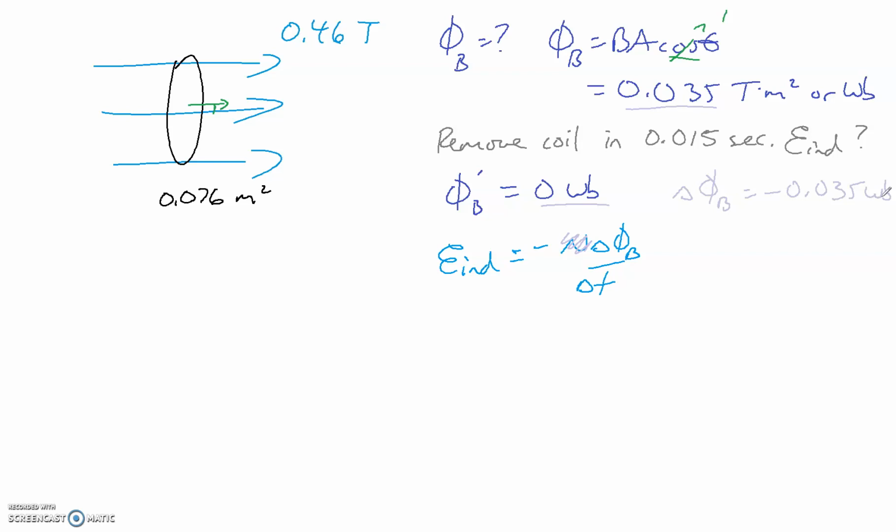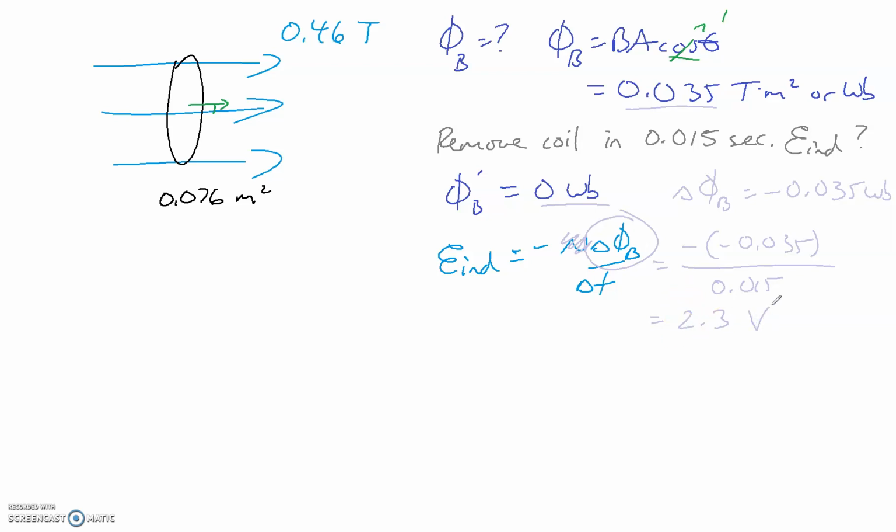The second one take away the first one, it dropped by that much, and that's what I want to use in my expression. So it's going to be negative times negative, and those two negatives cancel out. No, you can't just drop the negatives for no reason. And we've got the time of 0.015 seconds. If I divide those two values, I will get an induced EMF of around 2.3 volts.